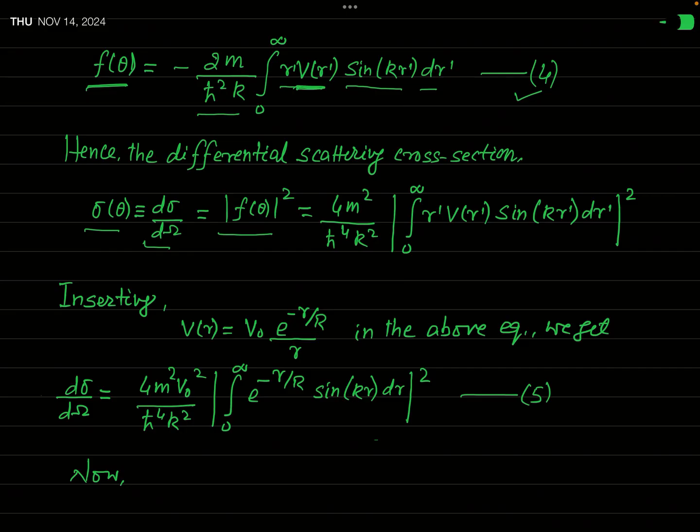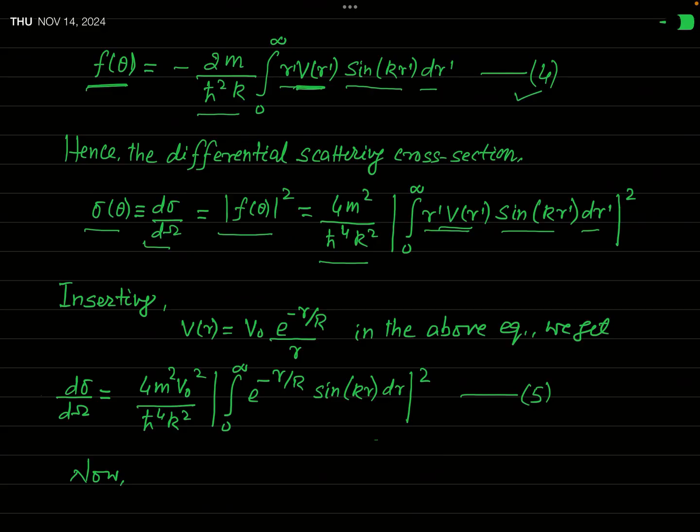So let us substitute that value, and after that you get d sigma by d omega is equal to 4m squared over h bar to the 4 kappa squared, and the square of the modulus of integral 0 to infinity r' V of r' sin kappa r' dr'. Okay. Now actually in the present case, as we have to find the scattering cross section by the Yukawa potential, so now recognize this potential V of r' as Yukawa potential.